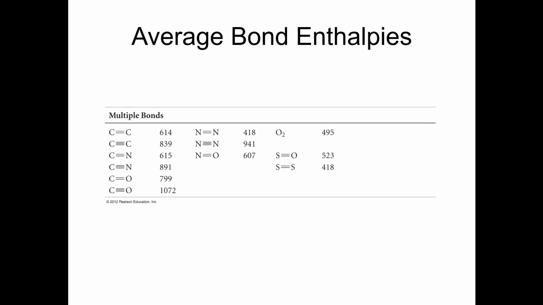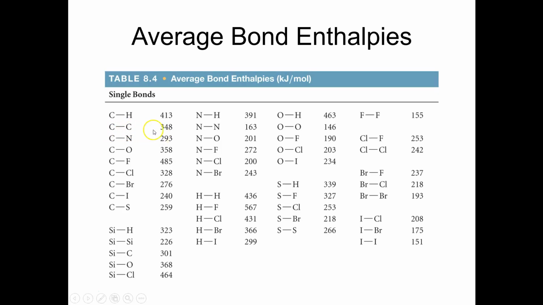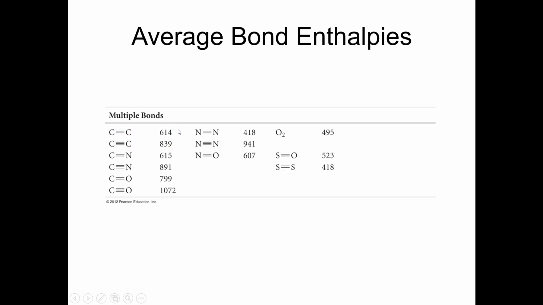You will notice for multiple bonds that as the bond order increases, the bond dissociation enthalpy increases. So it takes more energy to cleave a carbon-carbon triple bond than it does to cleave a carbon-carbon double bond. And in fact, it takes more energy to cleave a carbon-carbon double bond, 614, than a carbon-carbon single bond, which is 348.